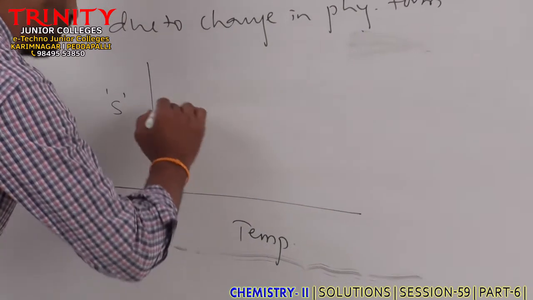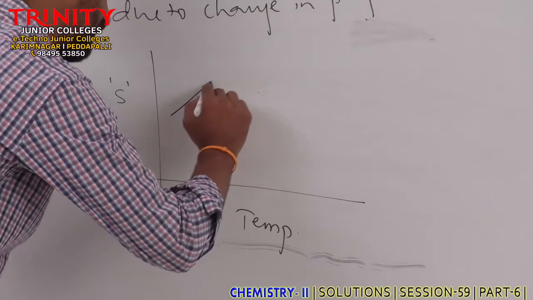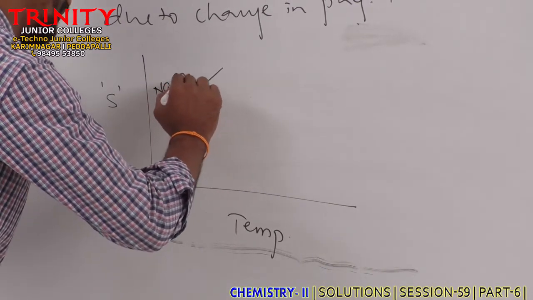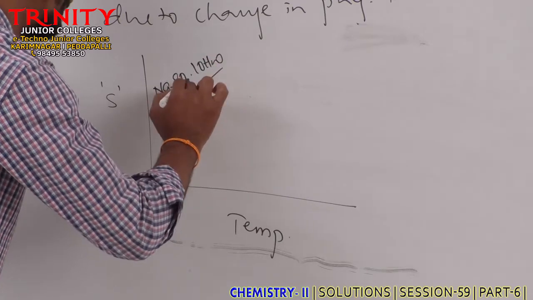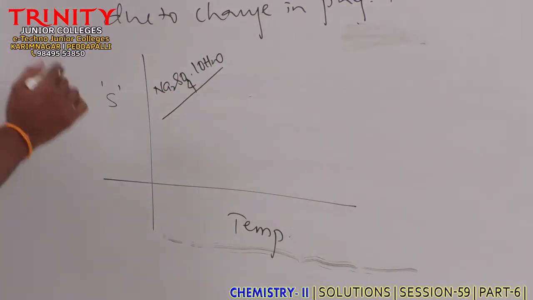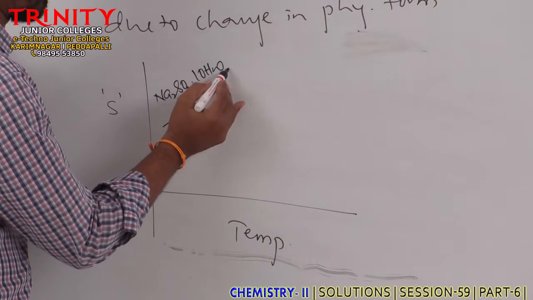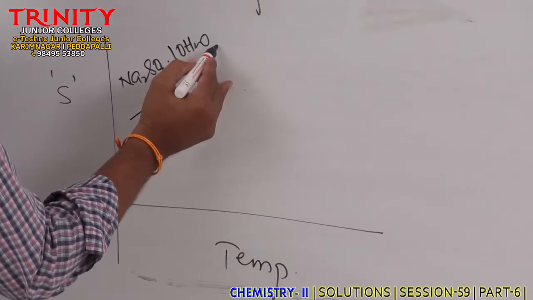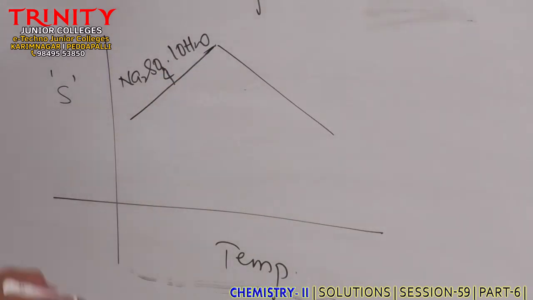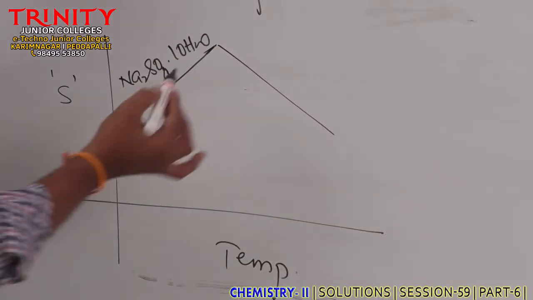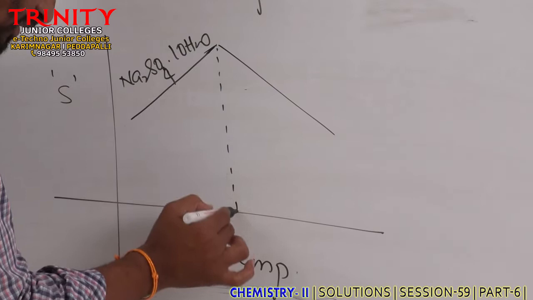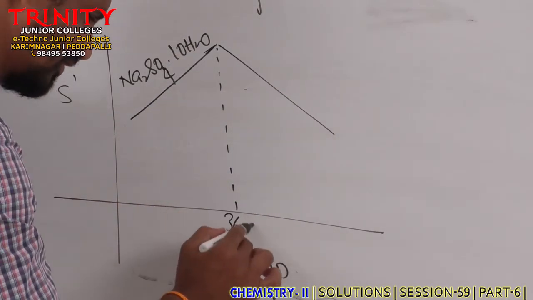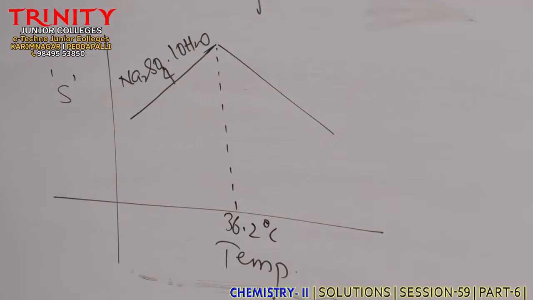So the sodium sulfate decahydrate, Na2SO4 10H2O, increases up to a certain value, then after reaching a maximum solubility, with the increase in temperature it decreases again. Why? Because one reaches this temperature. At this temperature, let us consider this is some 36.2 degrees Celsius.